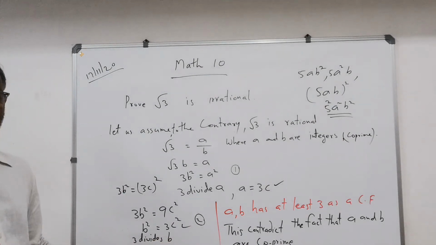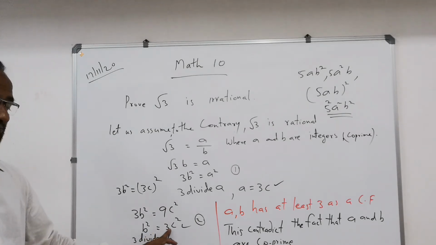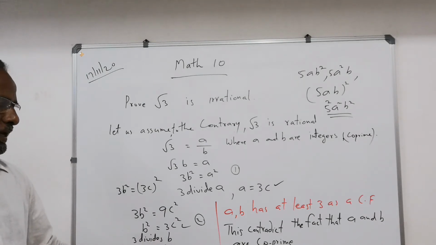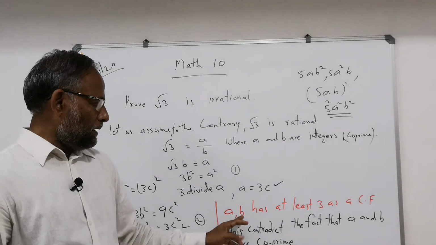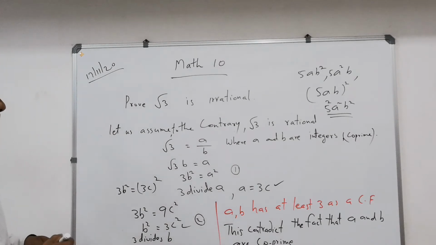Now, according to the theorem, 3 is dividing B square, a multiple of 3, so 3 divides B also. Now, what happened?